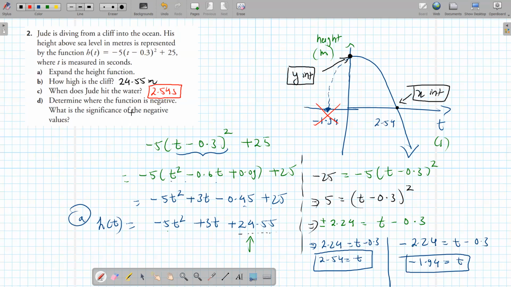Cool? So this one is a mathematically correct answer, right? Mathematically, it's fine. But the issue with this one is that because it's a real life problem, we also need to think about the practicality of it. And this one is not a practical answer, because time will never be negative unless you go into a time traveling machine, which is also not possible.